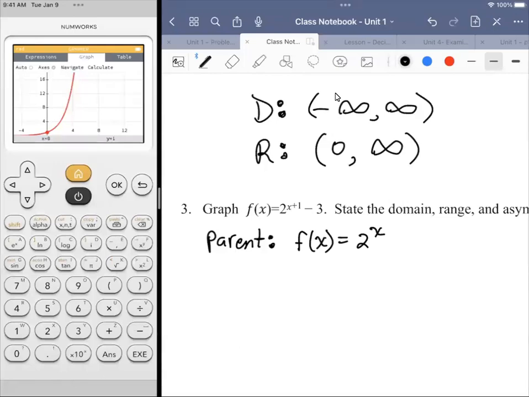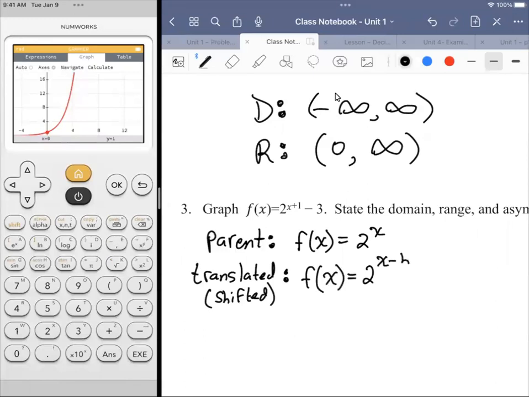So if I have a parent function, I can find the transformed. Now, specifically, these will be translated, right? So shifted, by using this form, f of x is equal to 2 to the x minus h plus k.